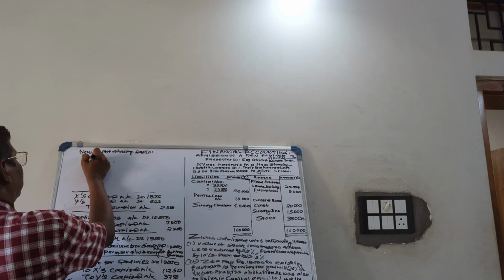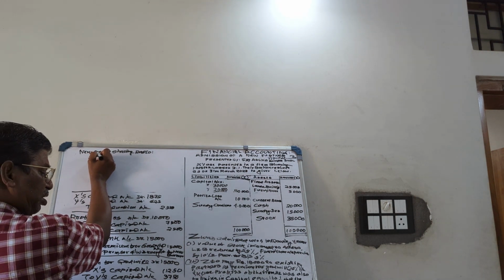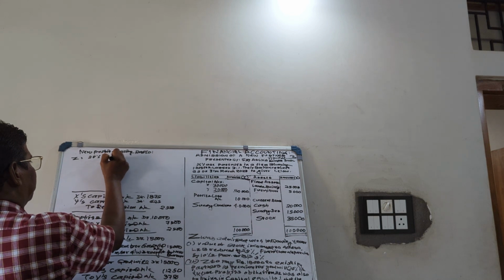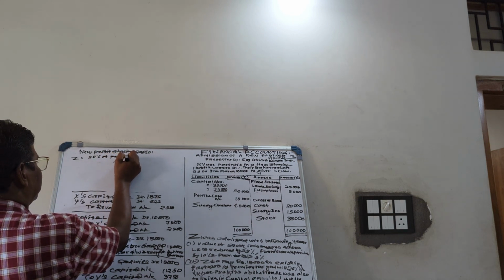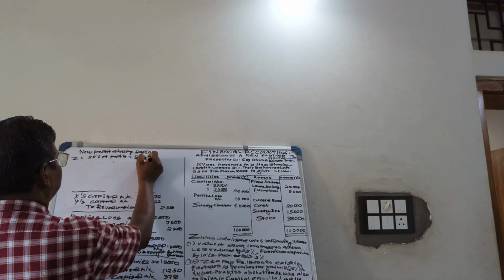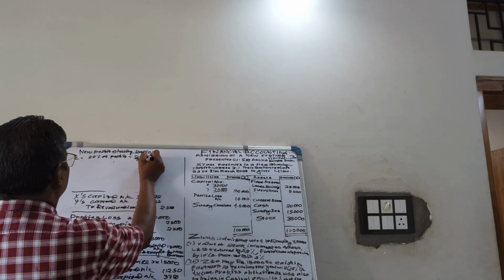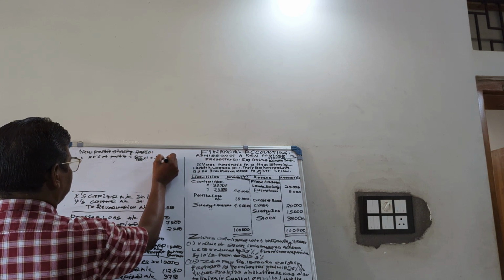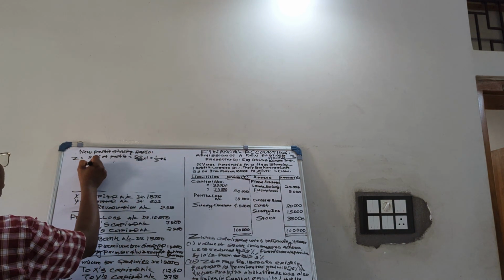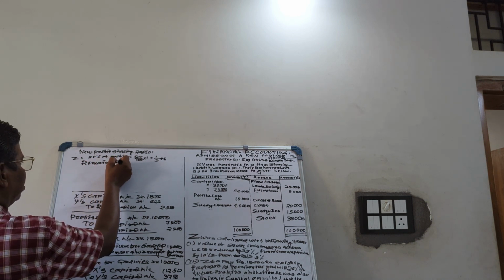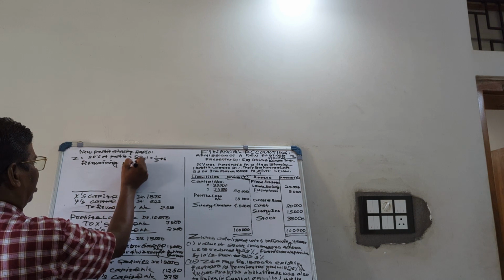Z will get 20% of profit, that is 20 by 100 into 1, that is 1/5. The remaining is 1 minus 1/5, since the total is 1.